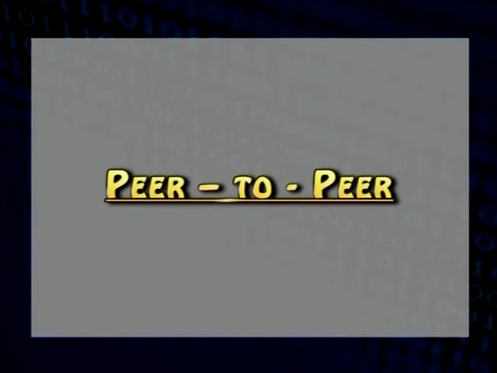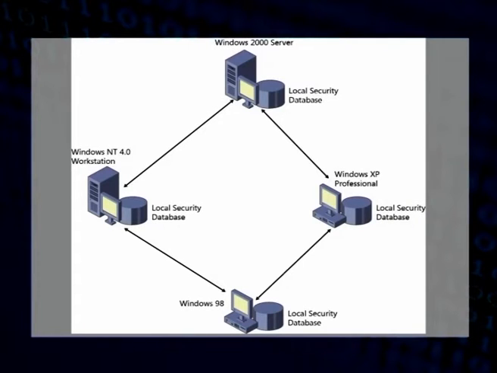Peer to peer. Now we will move to the next relationship, that is peer to peer. A peer-to-peer network is a decentralized computer network that relies mostly on the resources of equal peers instead of a few powerful servers. It means that there is no dedicated server in the network.